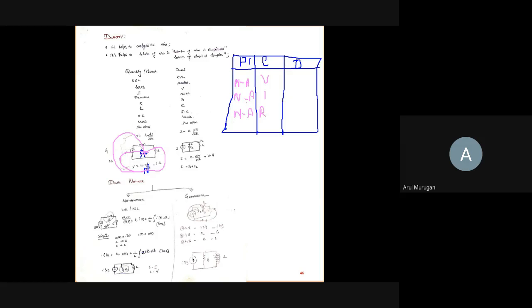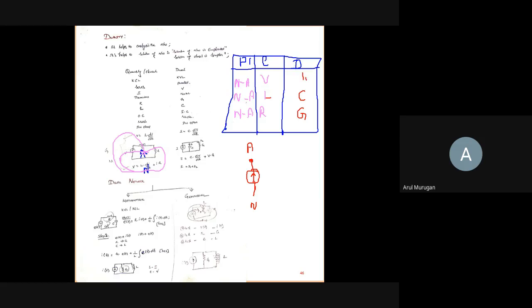After completing these two tabulations, do the duality. V means I, inductance means capacitance, resistance means conductance. Now draw the circuits. This is point A, this is point N. N to A, I: starting from n, the arrow goes in the upward direction.